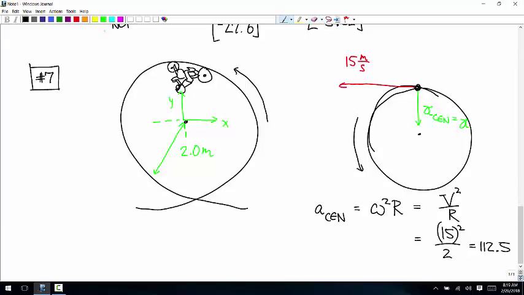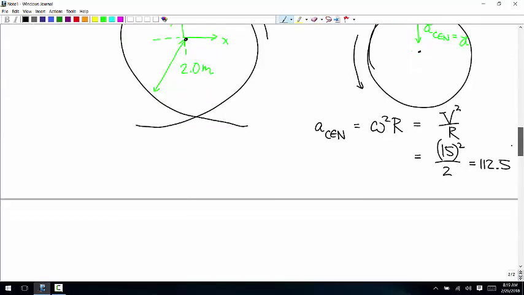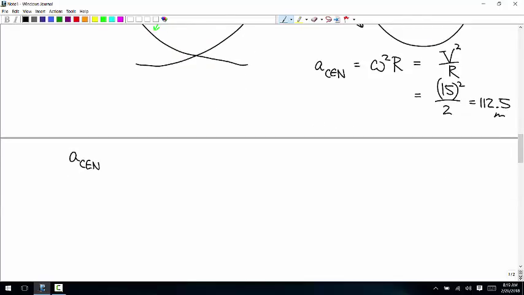It just is the magnitude, and then the vector, that's meters per second squared.